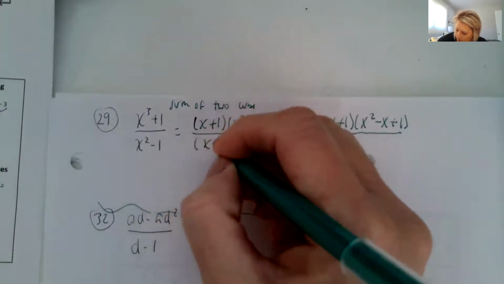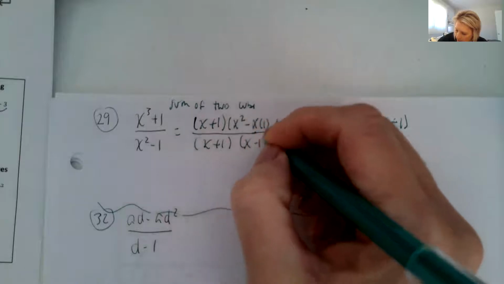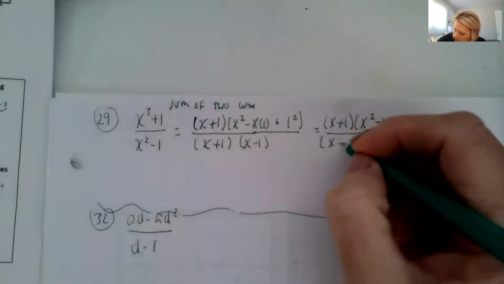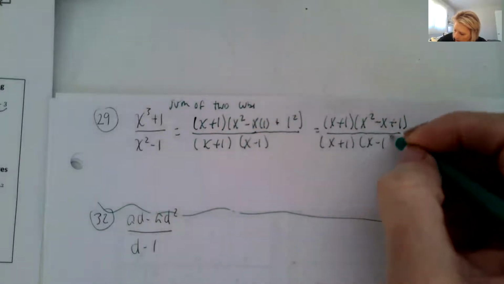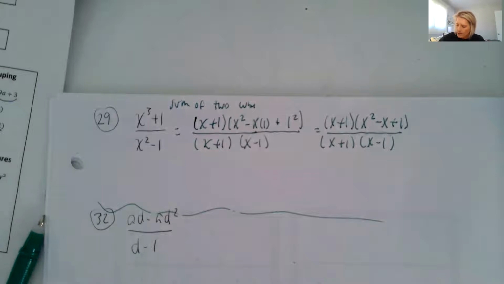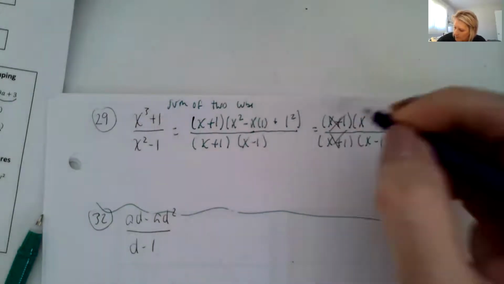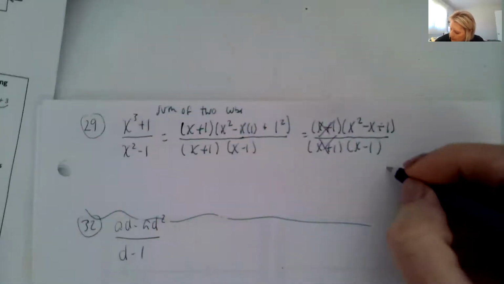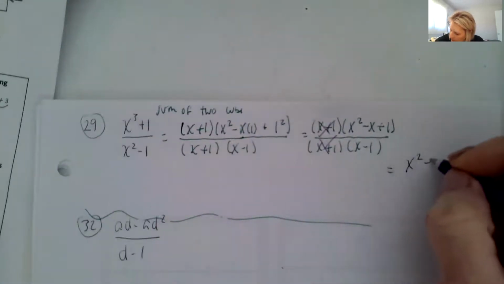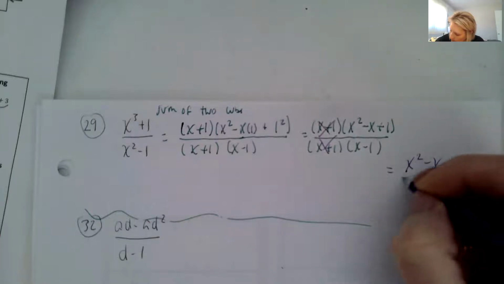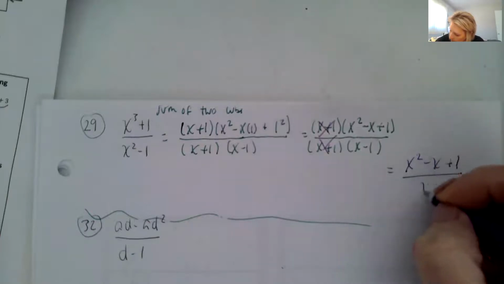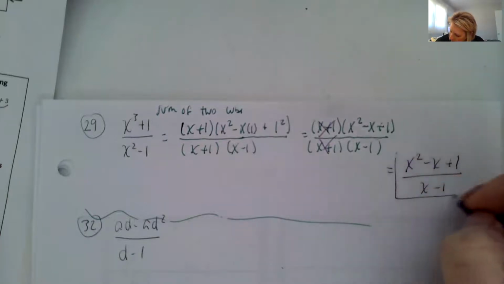So that's an x plus 1 times x minus 1. And we can just fill that in here, and we can see that those are going to cancel the x plus 1s. So our final answer is x squared minus x plus 1 over x minus 1.